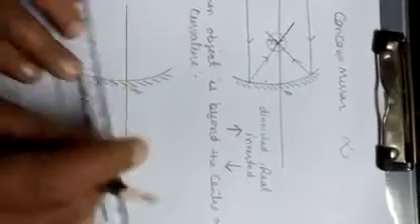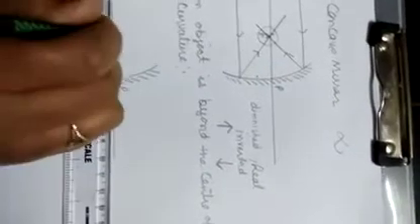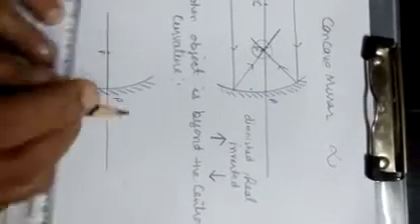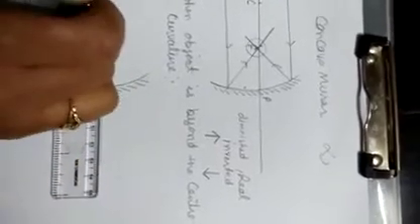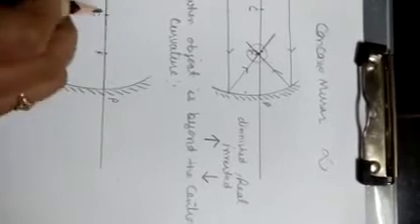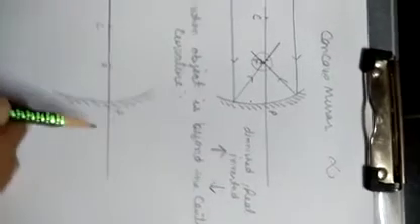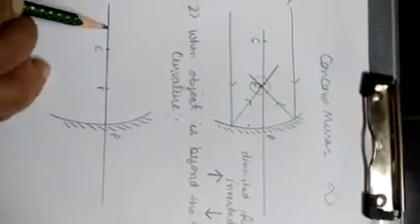This is pole. This is focus point. This is center of curvature, and we have to extend the principal axis in this way. And beyond center of curvature means when the object is at that point.